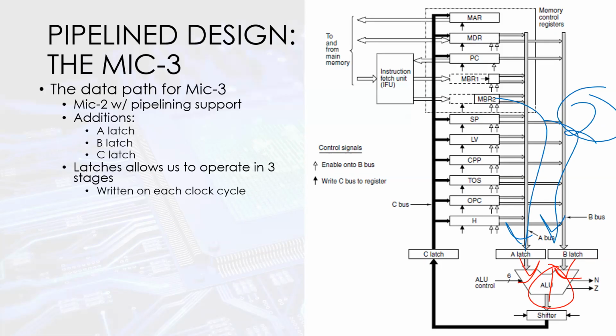Maybe it's a new add, and the registers it needs are flowing down into the A and B latch saying, let me in, let me in. Meanwhile, the A and B latch has that first instruction and is releasing that value into the ALU, and obviously that flows to the C latch.